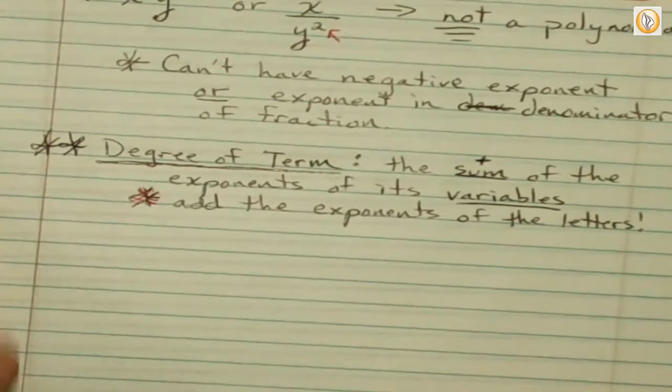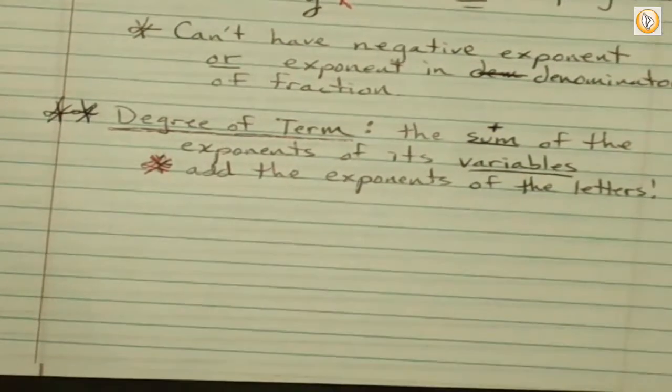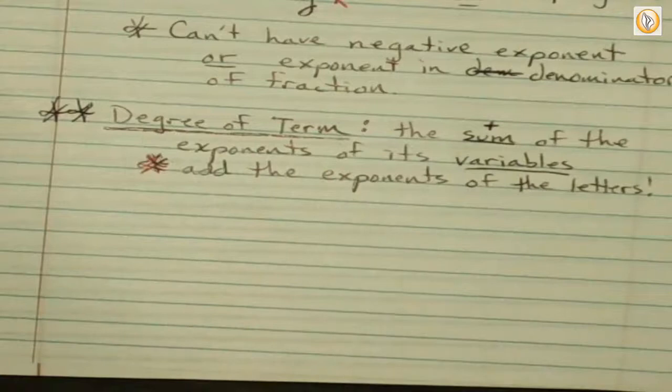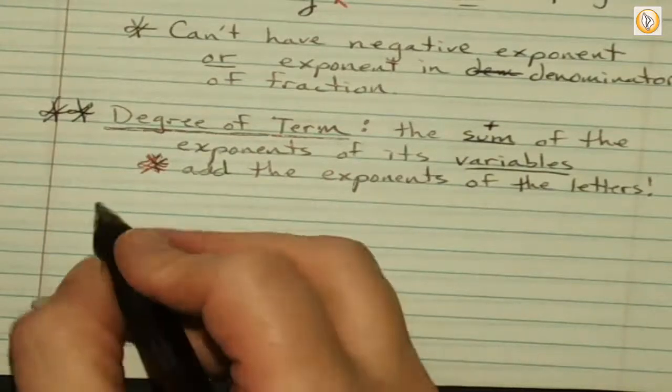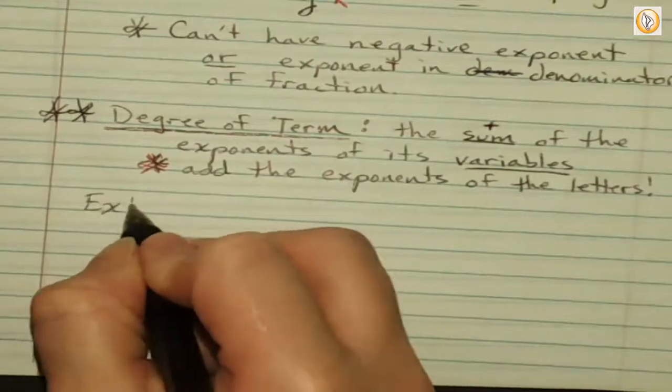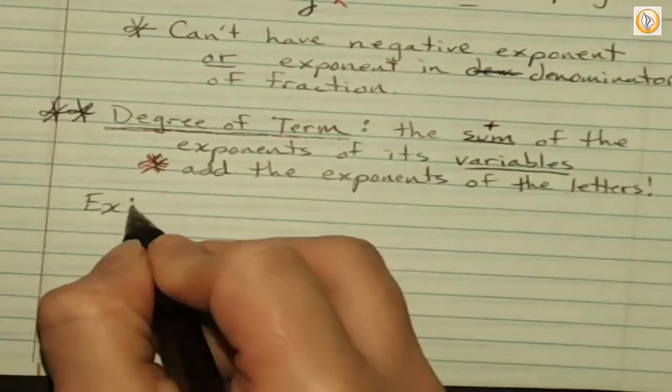So if they ever say what's the degree of the term, all you're doing is adding the exponents of the letters. Make sure you're taking good notes because you may forget how to find the degree of the term. I'll let y'all catch up.